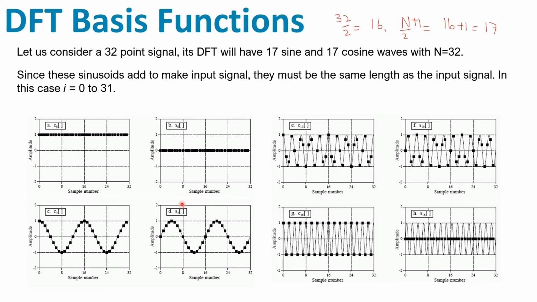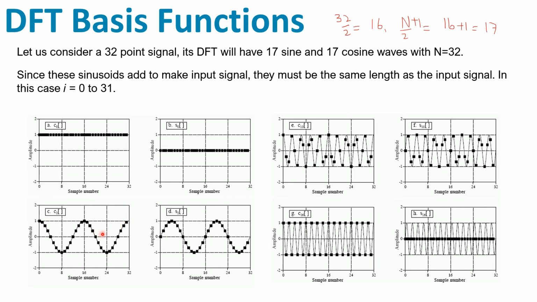Okay, the sum of all these points, like C0, C1, C2, C3 until C16, so each of these components will give us one value, which will be the amplitude of that frequency component in the DFT, okay.